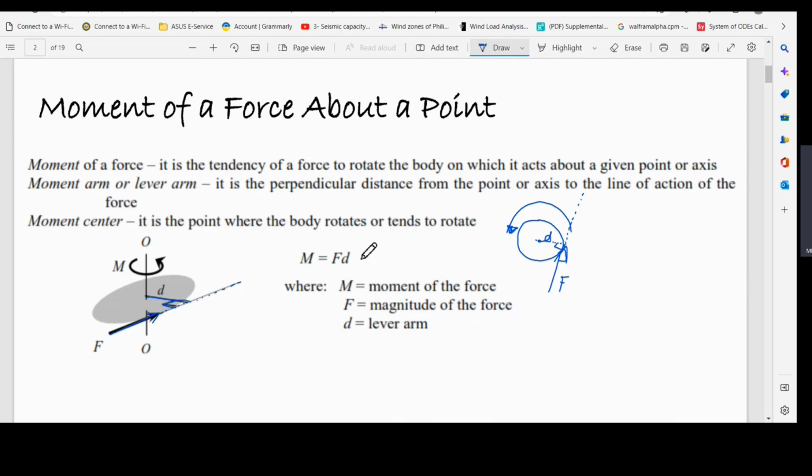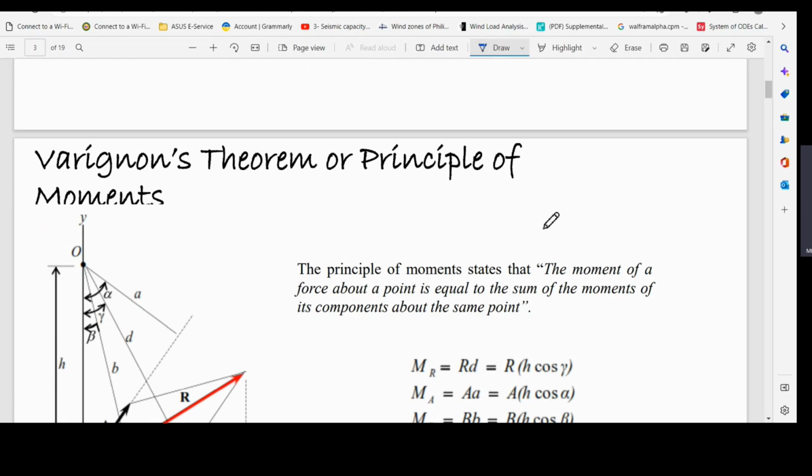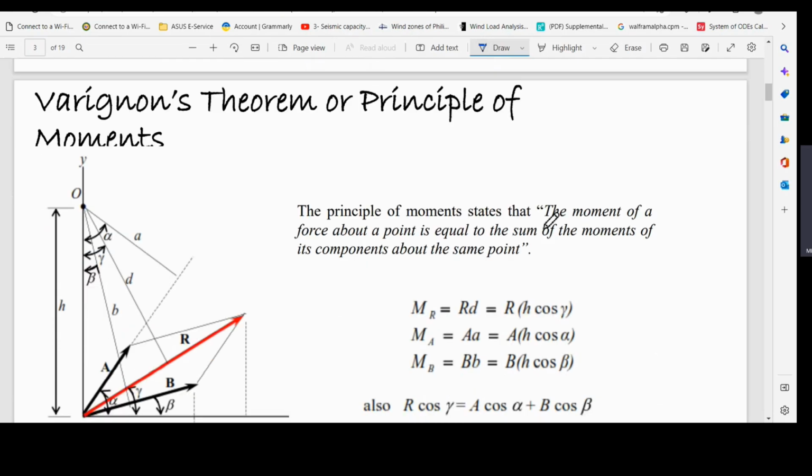We will be utilizing the moment of a force more. So we need to understand this topic well to make our discussion on the next chapter easier. We also have what we call Varignon's theorem, or the principle of moments. The principle of moments states that the moment of a force about a point is equal to the sum of the moments of its components about the same point.